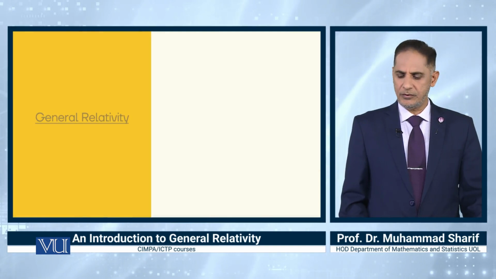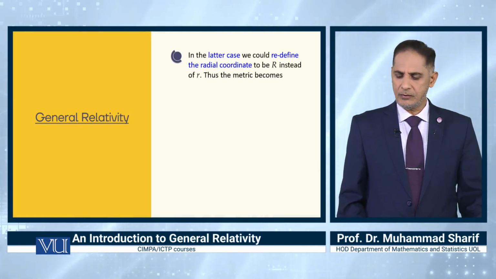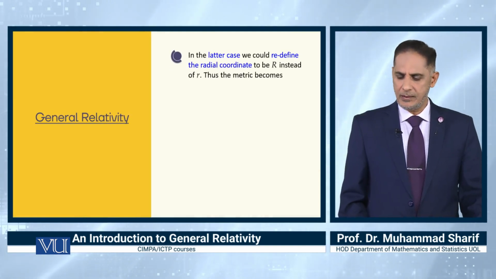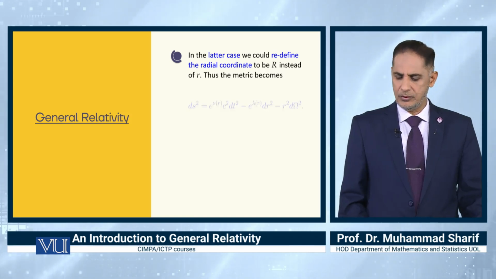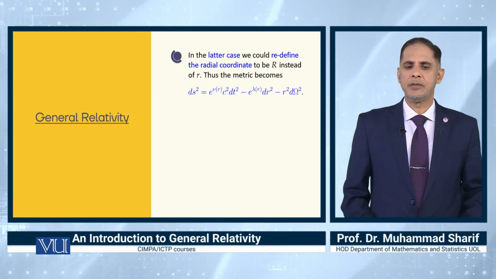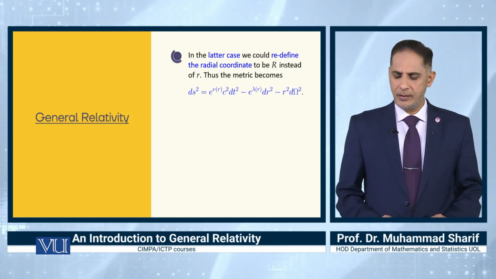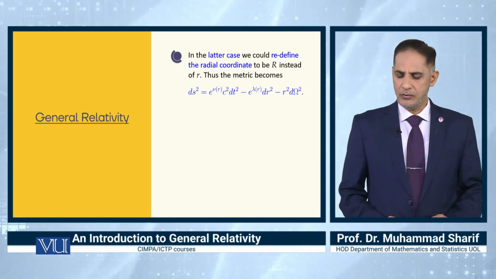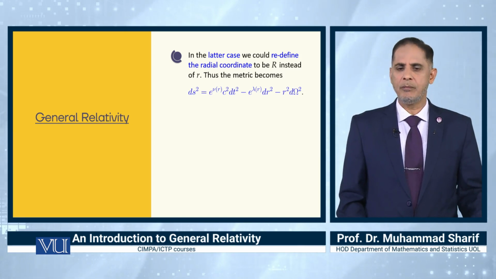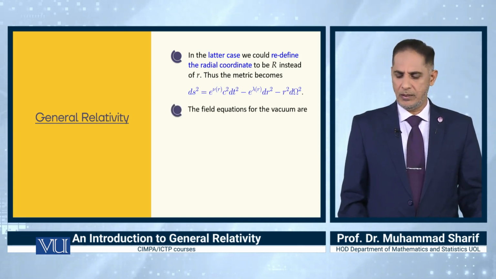We are taking the second case. In the second case, we need to redefine the radial coordinate to be r instead of small r. So, the metric becomes the following form. This is the final metric we are considering. Here, nu and lambda are unknown, which we are going to find through the vacuum field equations.